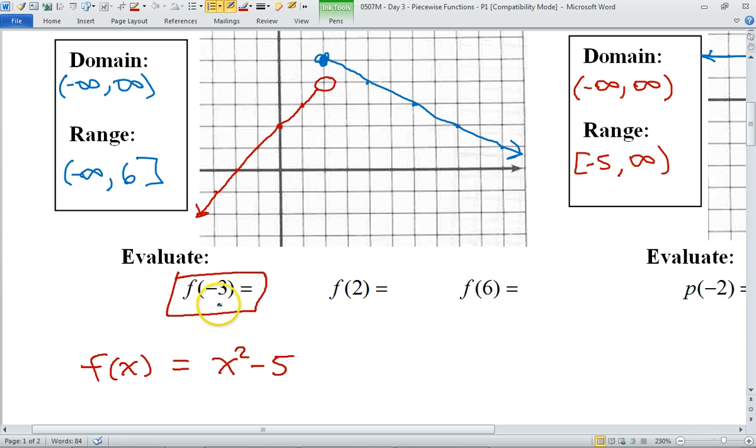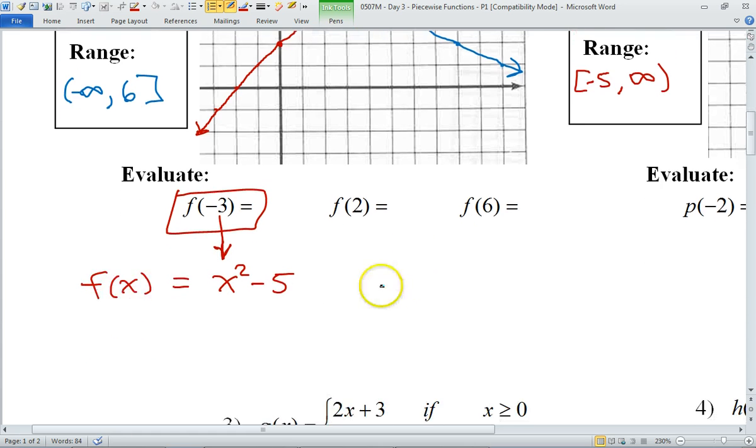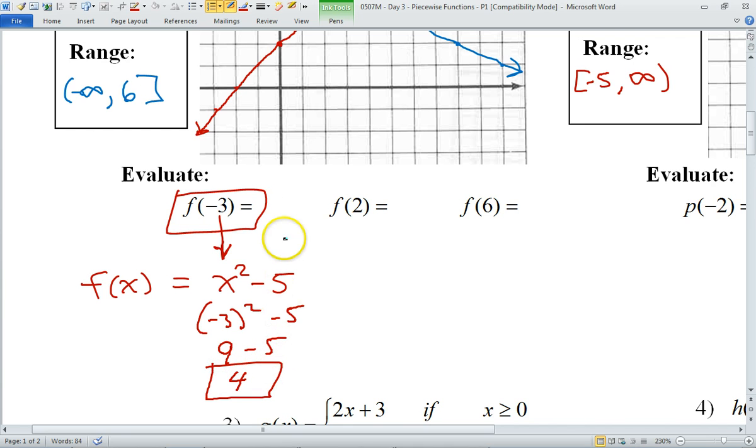Do you remember what that meant to do? It meant to plug it in, right? It meant take that -3, put it in there, and see what you got. So that would be -3 squared minus 5, so that would be 9 minus 5. So the answer would be 4. Okay? So that's what it meant to evaluate when it was just a regular function.